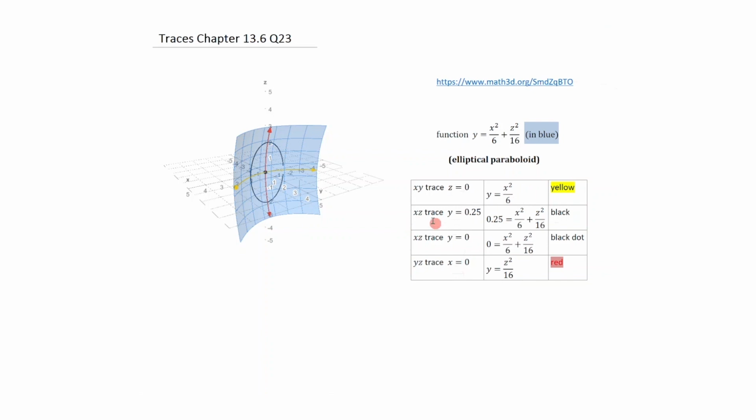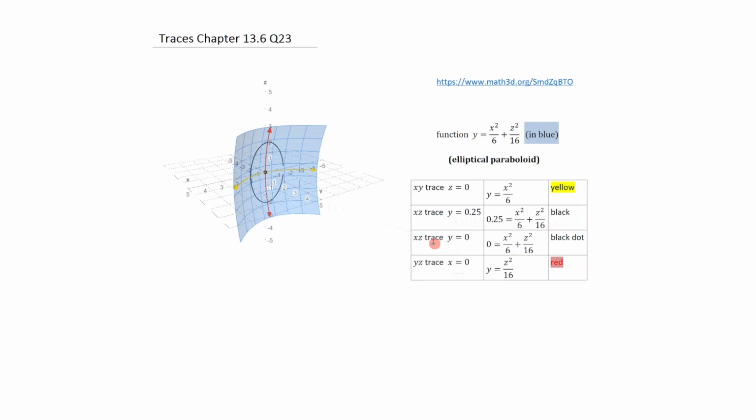For the xz trace, we set y equals 0.25, which means you replace y by 0.25, and you'd be solving this equation, which is the equation of an ellipse. It will have a minor axis and a major axis of specific values, and this is the one shown in black, the line that you see here.